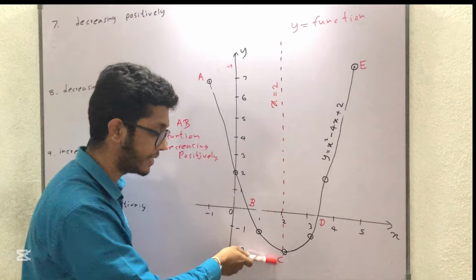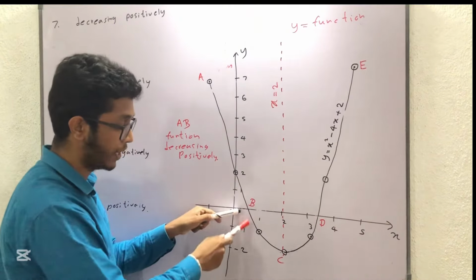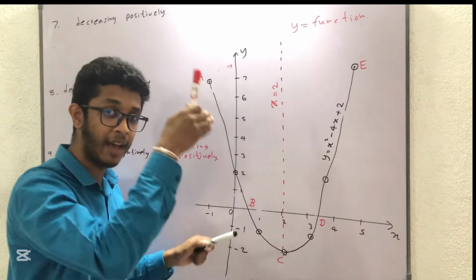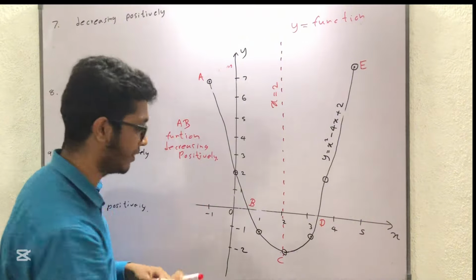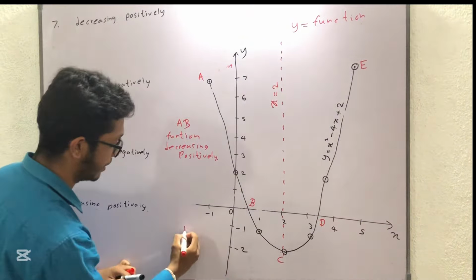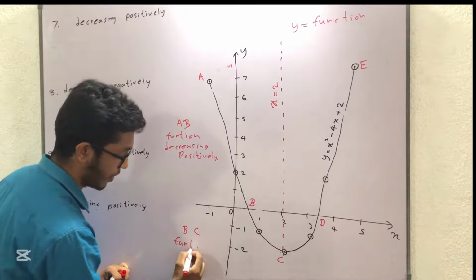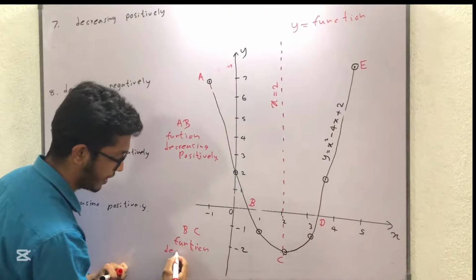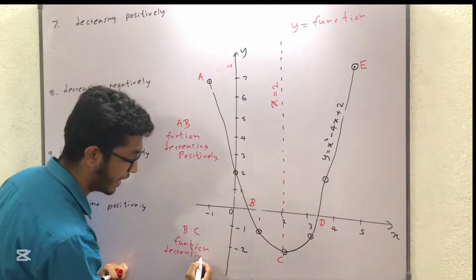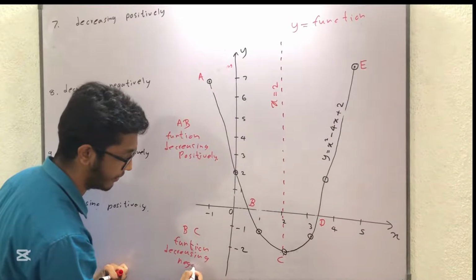Y values are decreasing and all of them are negative. So I'll mark it here: BC, function decreasing negatively.